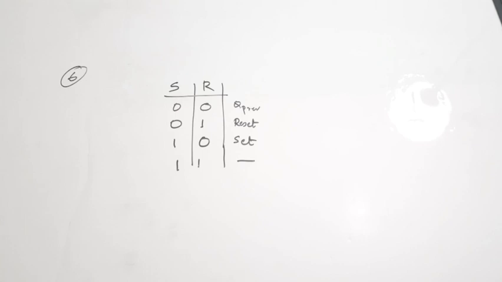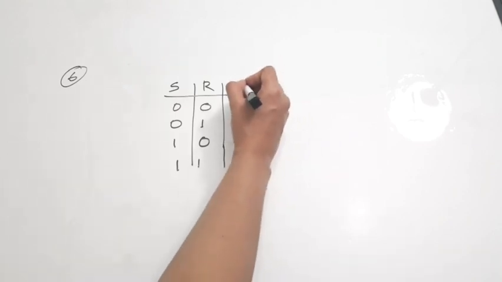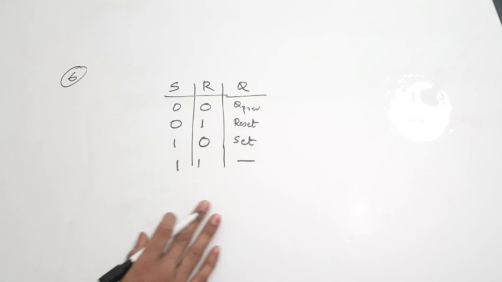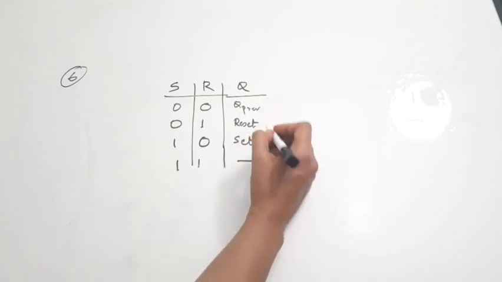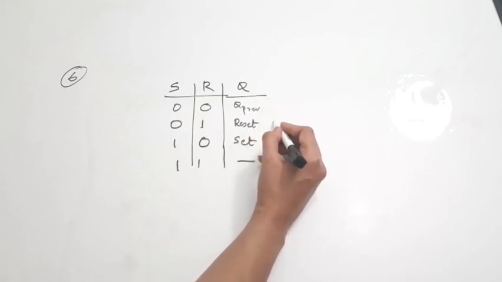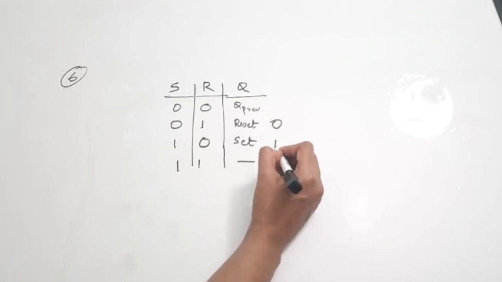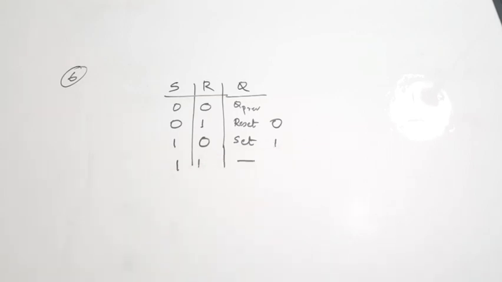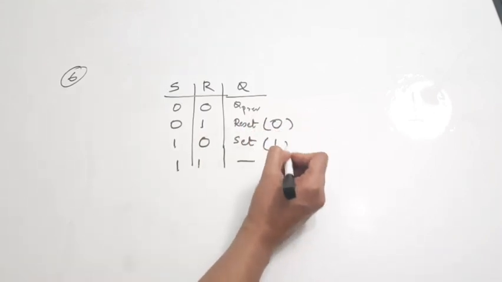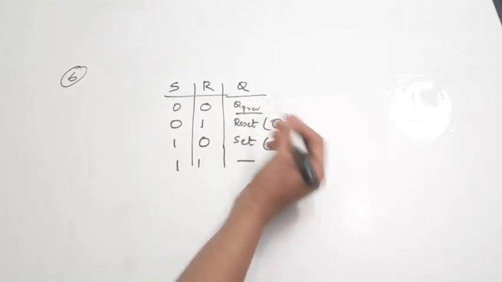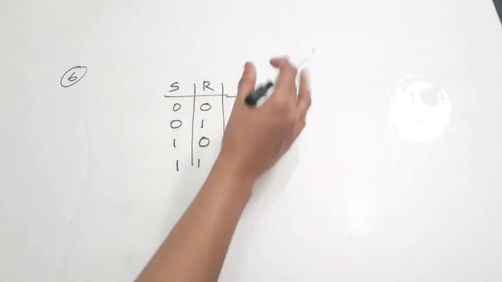Okay, here question is asking, so this is the Q, which is the output, right? And the values will be coming as here Q is equal to 0 here, then Q is 1 here, right? So if the output Q is equal to 0, these are the two cases. Here whatever previous value is coming, it will be same as the present case.